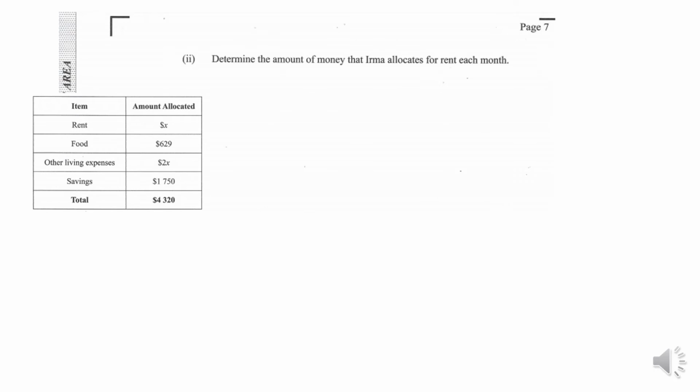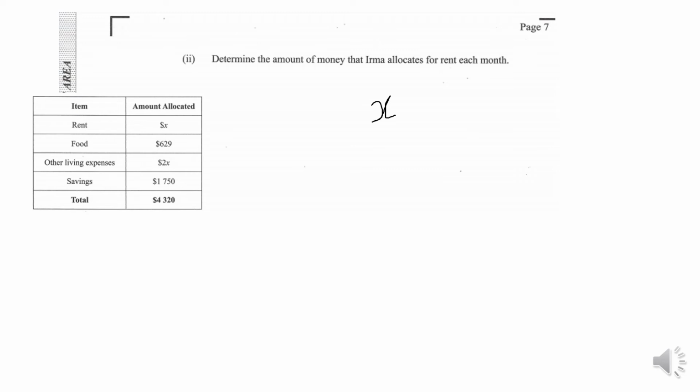Determine the amount of money that Irma allocates for rent each month. As you saw in the question, rent is X, so we have to solve for X. In order to solve for X, again algebra, we're going to add everything and equal it to her total for the fortnight, which is 4320.